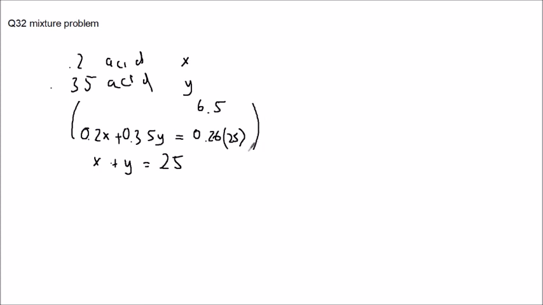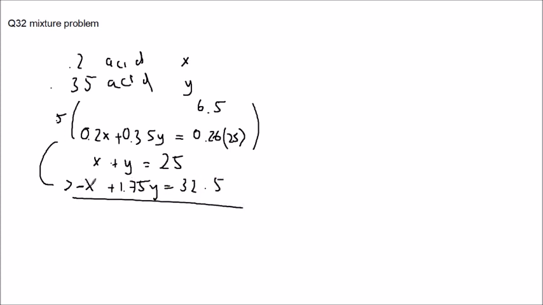Now we have the two equations. We can multiply this whole equation, 0.2x plus 0.35y, by 5. So now this new equation will have x plus 1.75y is equal to 5 times 6.5, which is 32.5. We're going to subtract these two equations. We'll get x minus x is 0, y minus 1.75y is minus 0.75y, equal to minus 7.5.